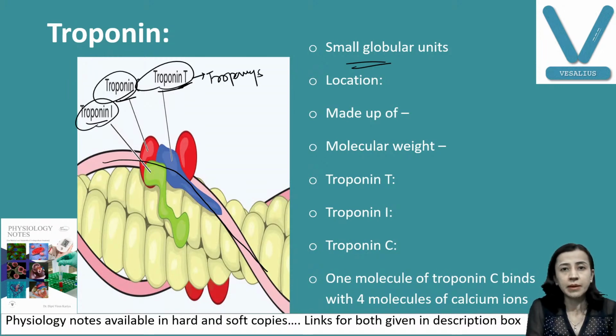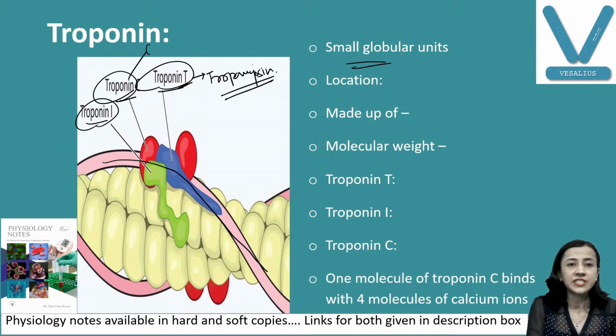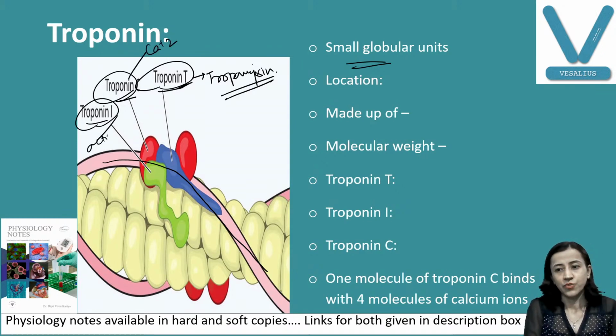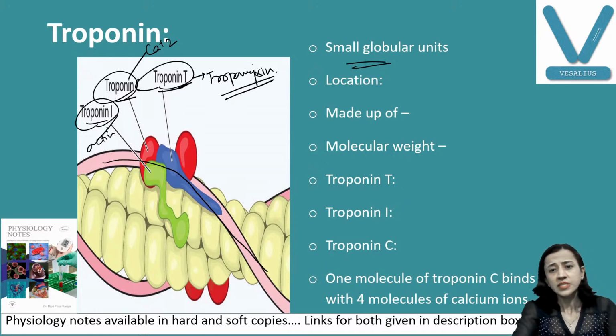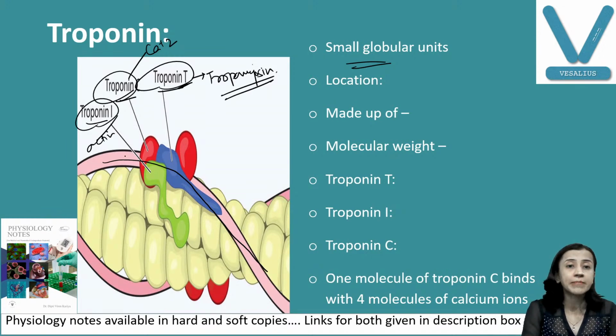Please remember, these are very important concepts. Troponin C binds with calcium and troponin I binds with the actin filaments. And one important thing here, one molecule of troponin C binds with 4 molecules of calcium ions.